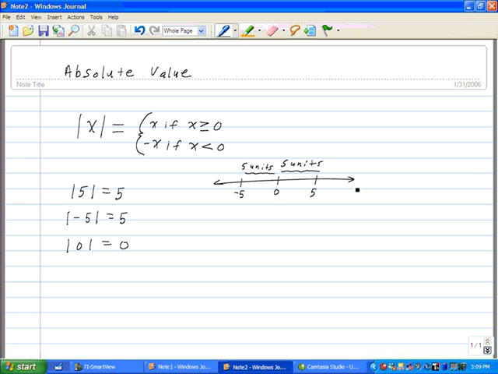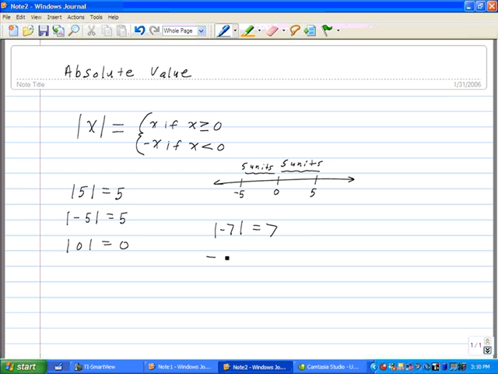Now, when you're working with absolute value, you have to remember that, like with other grouping symbols, it can only have an effect on whatever is inside of it. For example, absolute value of negative 7. Since negative 7 is a negative number, it turns into its opposite, which is positive 7.